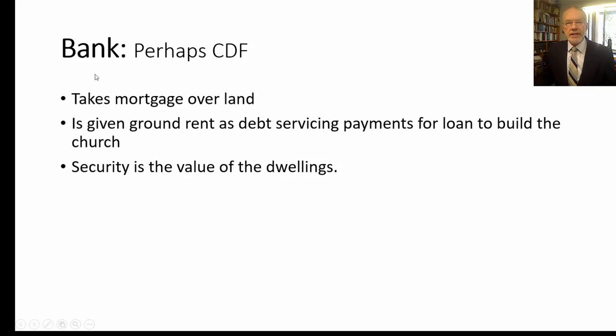And there are aspects to risk that we can look at specifically to examine why that is a useful strategy. The bank is given ground rent as debt servicing payments for the loan to build the church.